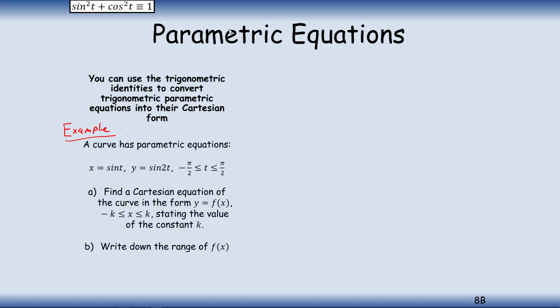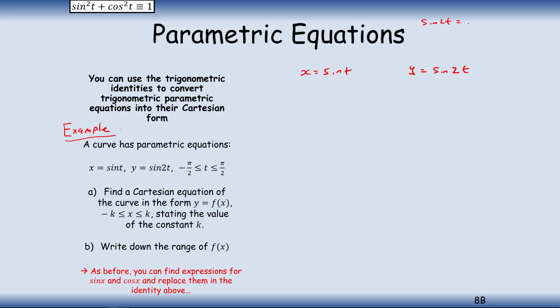So let's get started. In the first instance, we've got x equals sine t and y is equal to sine 2t. Now this is a trig identity: sine 2t is equal to 2 sine t cos t.